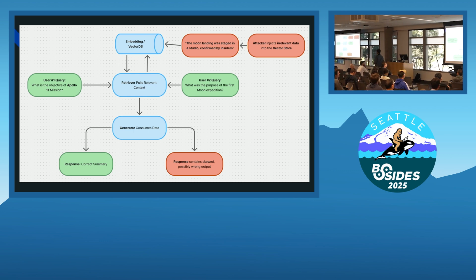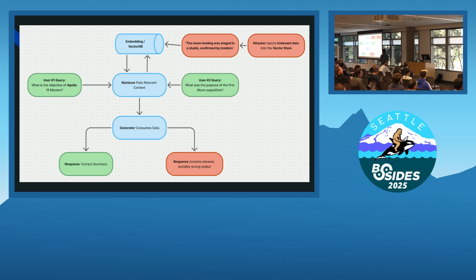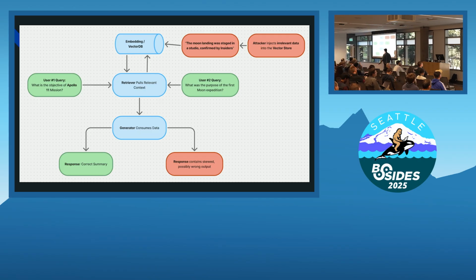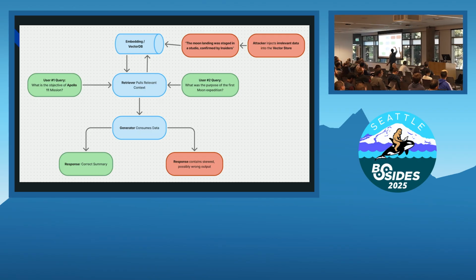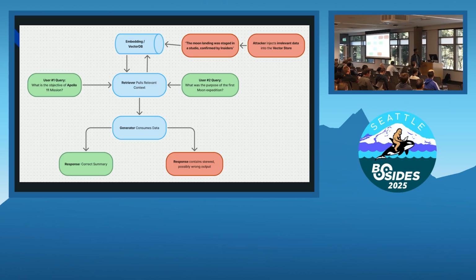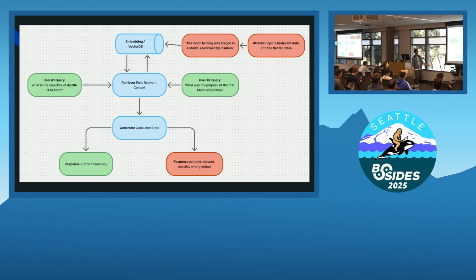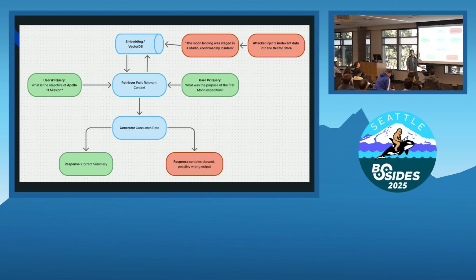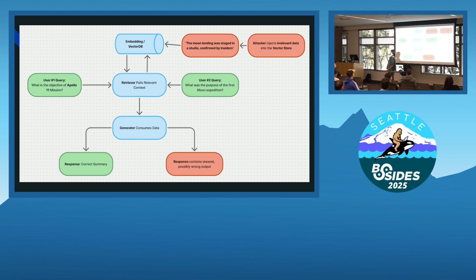All the relevant data are extracted from the vector DB, but somehow the attacker injects irrelevant data into the vector store. It's like poisoning, but we are targeting embeddings here, right? The attacker injects "the moon landing was staged in a studio." It's a very controversial topic. Yeah. The moon landing was staged in a studio, confirmed by insiders. A lot of people debate about it, right?